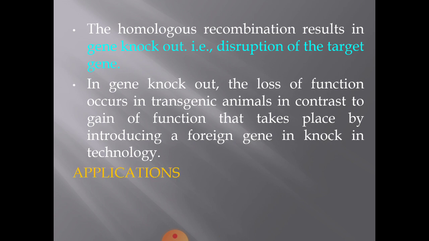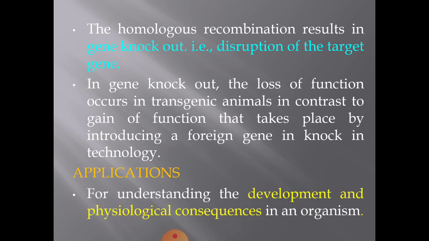What are the applications of knockout mice? For understanding the development and physiological consequences in an organism, these knockout transgenic mice find a big application. The moment you remove the gene from the genome, that particular function will be missing.